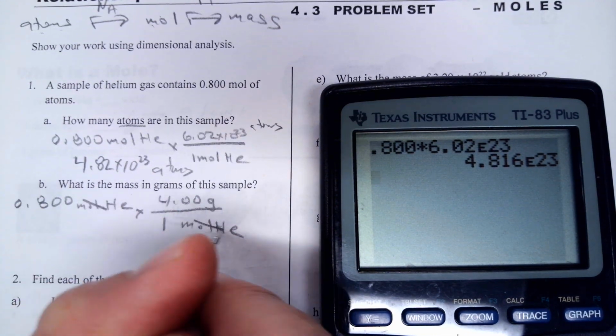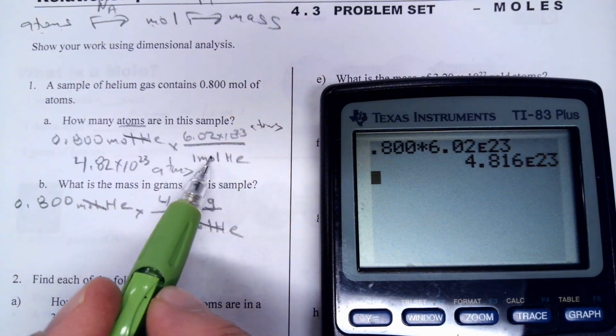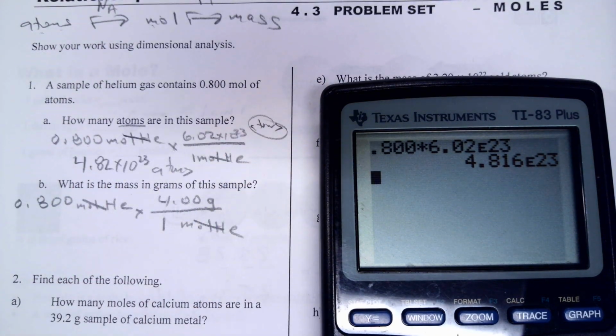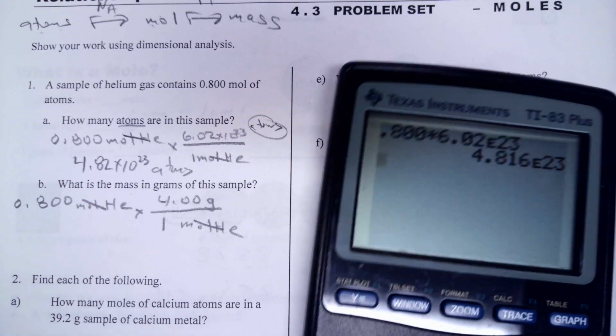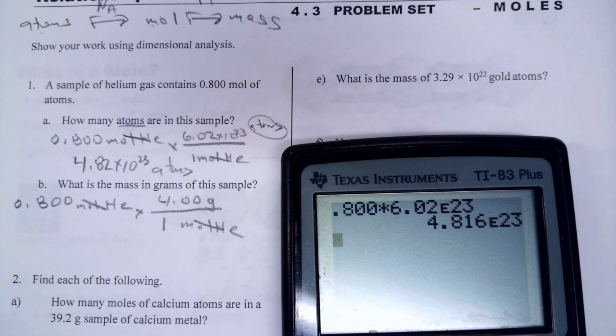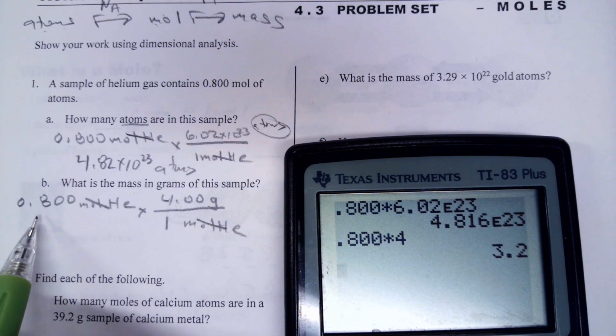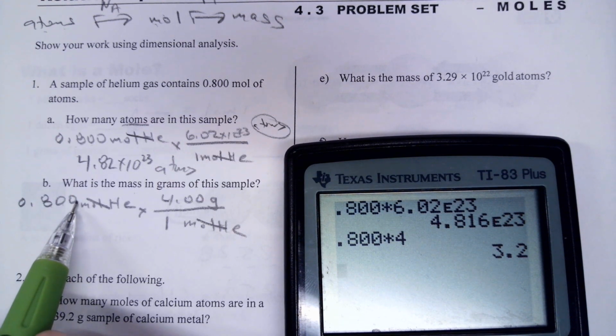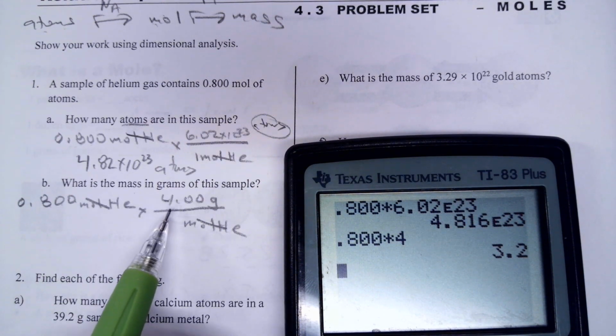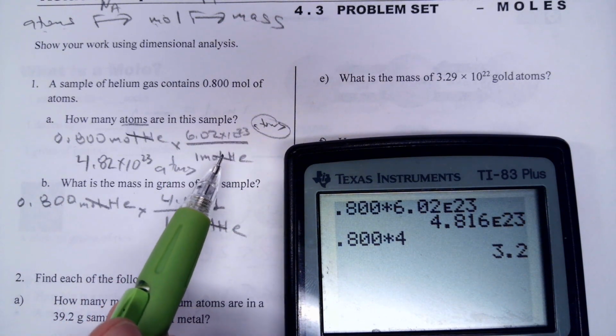Now, I've canceled out moles and moles, just like up here, where I canceled out moles and moles and was left with atoms. Same thing here. This is a lot easier than the last one. I'm going to take 0.800 and multiply it by 4, and that's going to give me 3.2. And remember, even though there are 1, 2, 3 sig figs here, this right here is infinite sig figs because it's a conversion, just like this is a conversion.